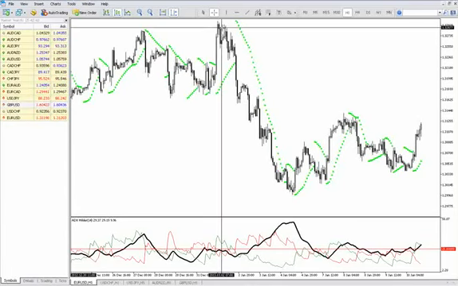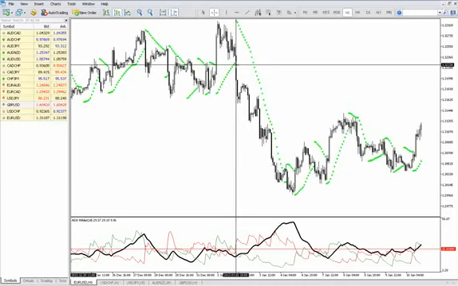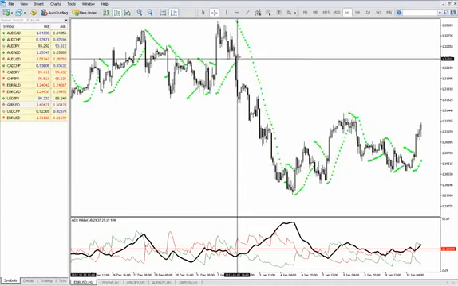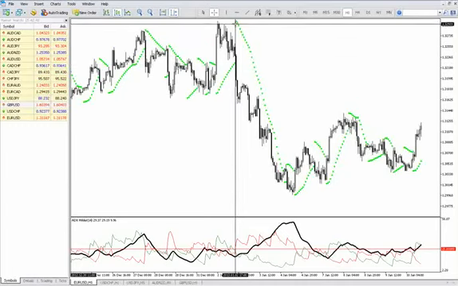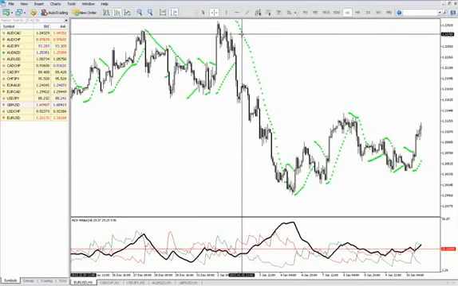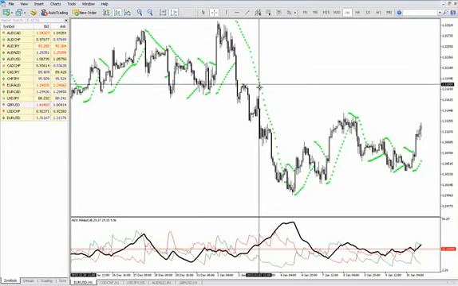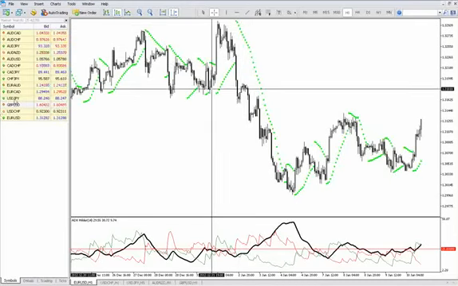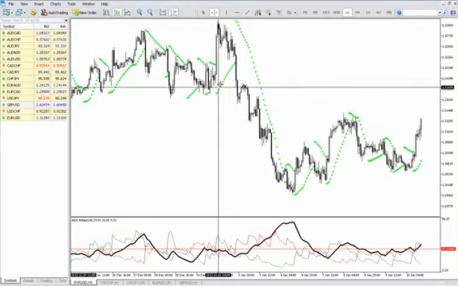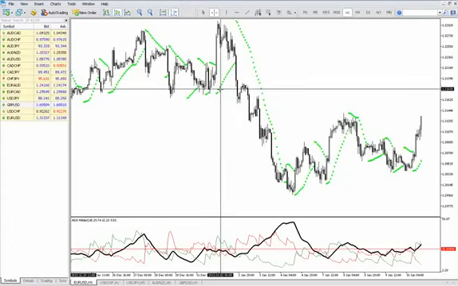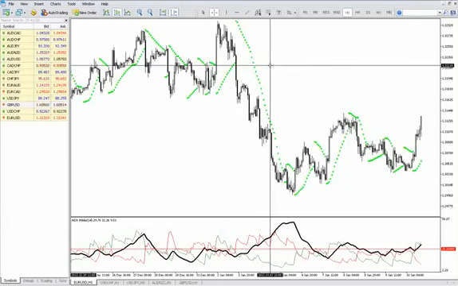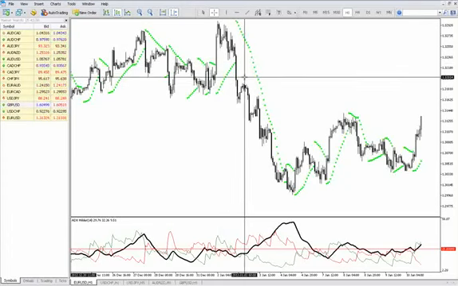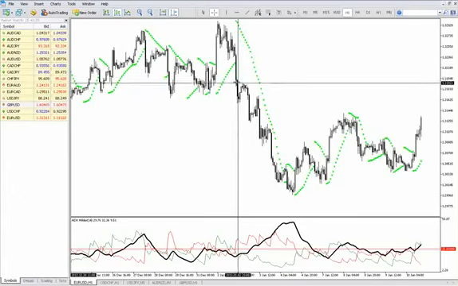But what we have here is an indication, first of all, that there is a downtrend taking place, and we see that simply because the dots appear above price levels, okay, which means it's an indication to sell. The dots below price levels have stopped. So at this stage we know that there is a very good chance that a downtrend is taking place.